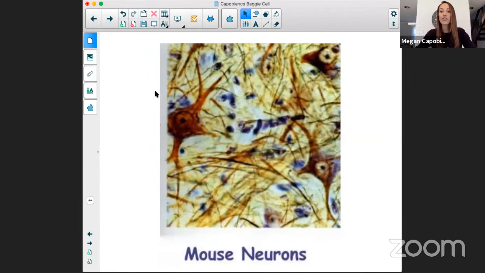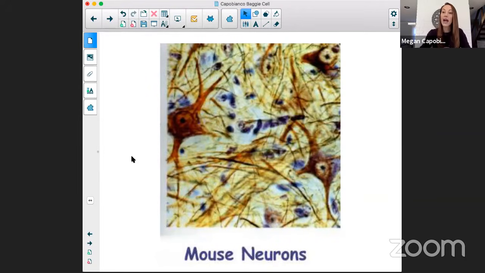These are neurons, nerve cells. As you can see here, they stretch out really far. Think about the function of a nerve cell. Nerve cells need to be able to transmit messages from one part of the body up to the brain and then possibly back to another part of the body. Think about if you were to put your hand on a hot stove.